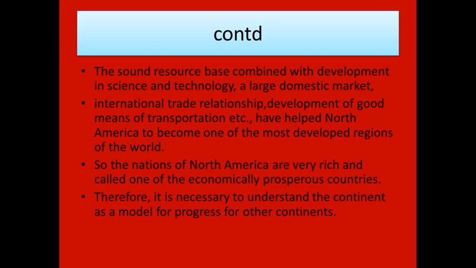The sound resource base combined with development in science and technology, a large domestic market, international trade relationship, development of good means of transportation, etc., have helped North America to become one of the most developed regions of the world. So, the nations of North America are very rich and called one of the economically prosperous countries. Therefore, it is necessary to understand the continent as a model for progress for other continents.